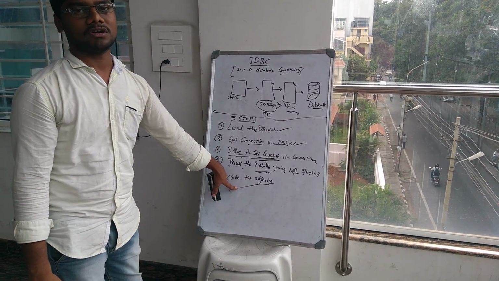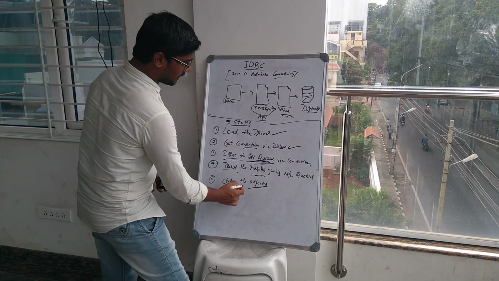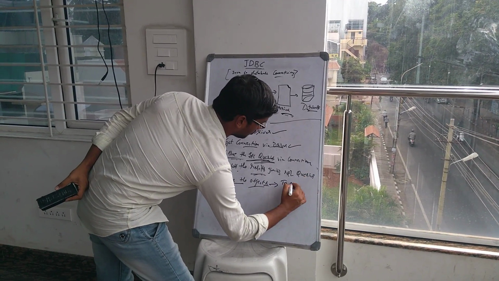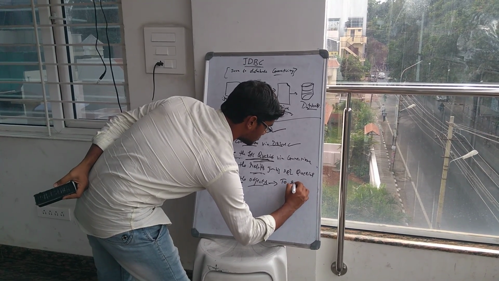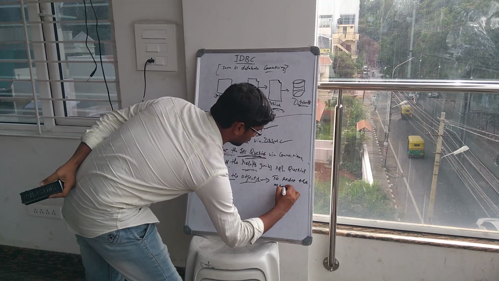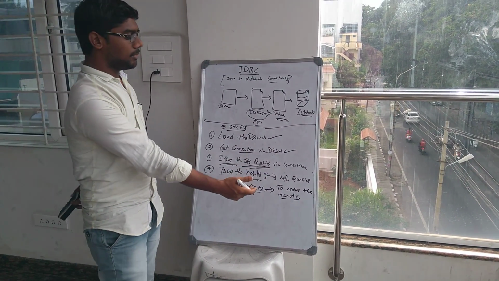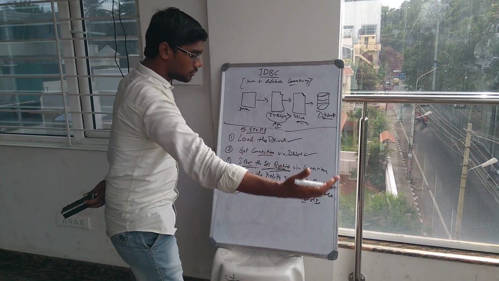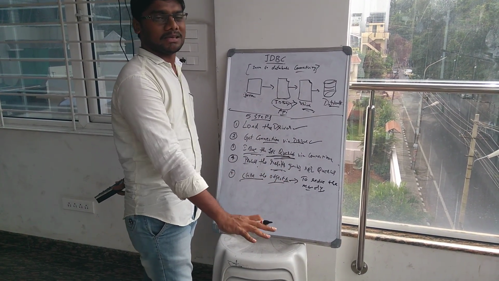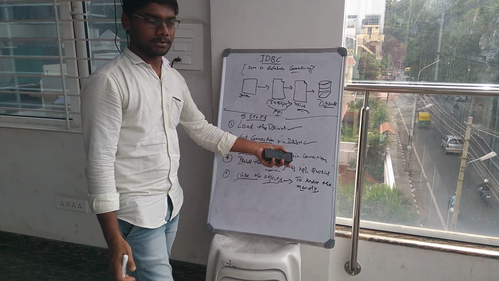This is the last step, where we close all the objects. This is mainly done to reduce memory usage. To create an object, we use some memory, right? By closing it, we clear the memory so that it can be used for other purposes.